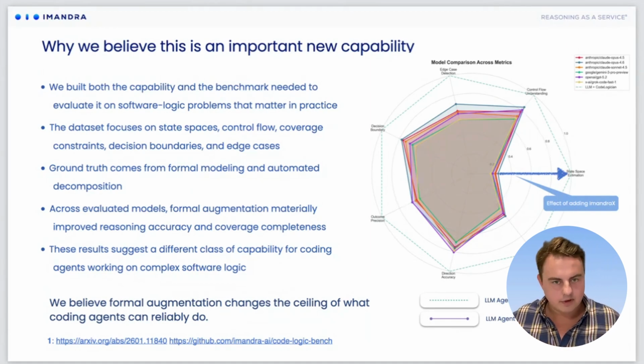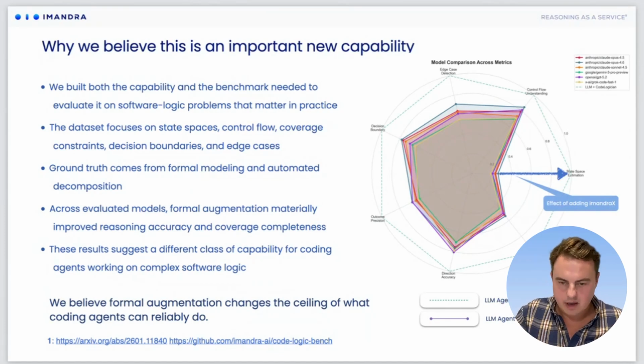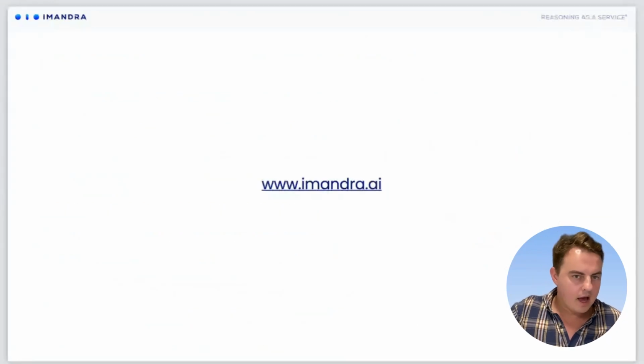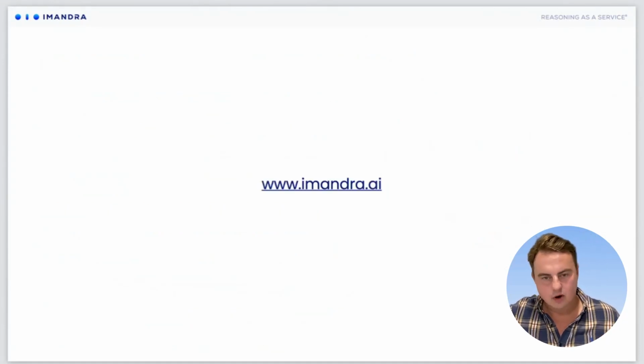There's also an open GitHub repository that has these examples. But the fundamental outcome is LLMs are incredible at certain types of reasoning, but for these edge cases, ImandraX gives you the advantage of being able to rigorously reason about what are the important changes in the decision surface, and so forth. So this completes our demo.